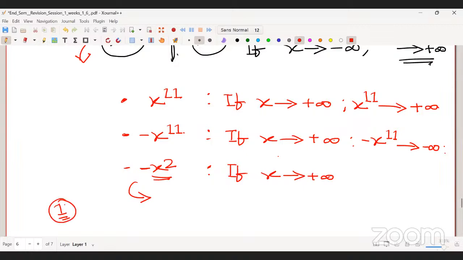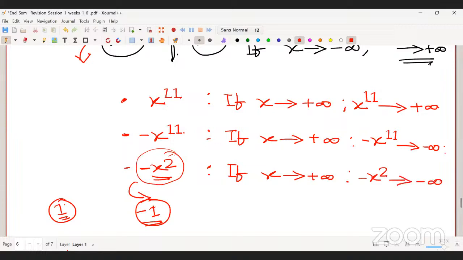What will you get for minus x square? Minus 1. You are getting negative when you take a positive number, right? Then it should go to negative for minus x square.